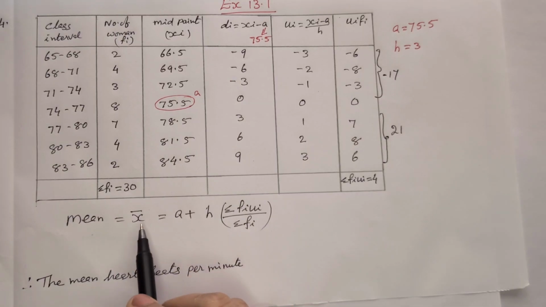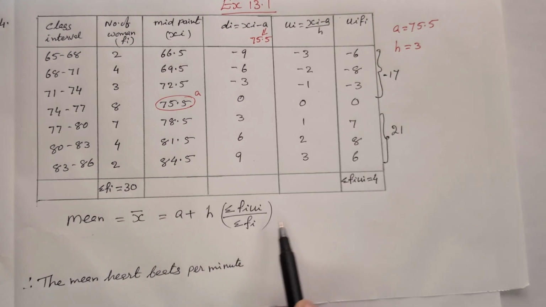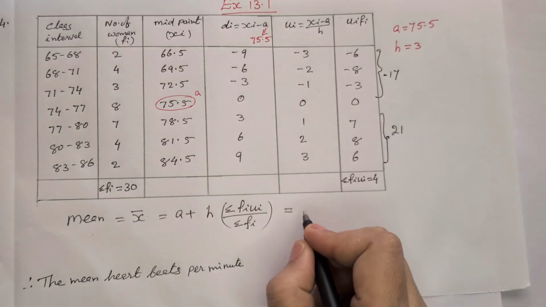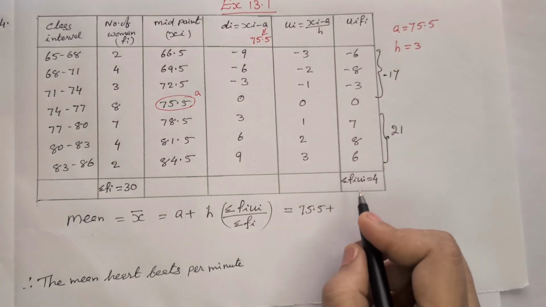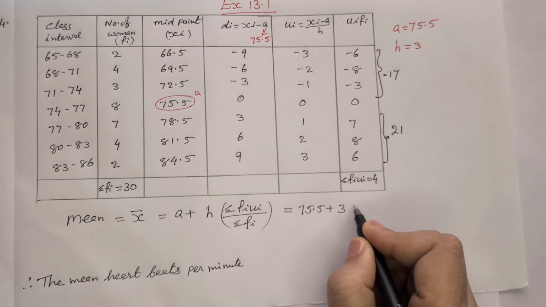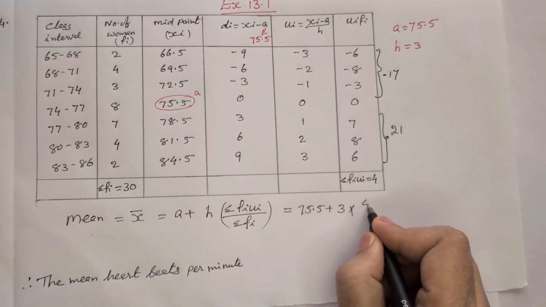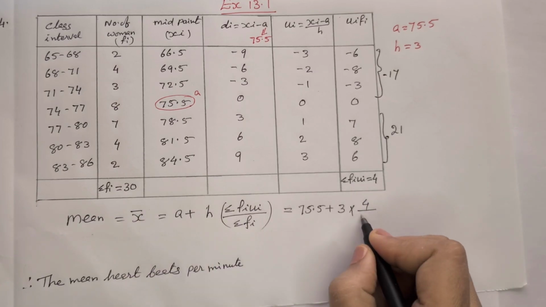So mean x bar is equal to A plus h into sigma fi ui by sigma fi, which is equal to A is 75.5 plus h is 3, that into sigma fi ui, that is 4, sigma fi is 30.